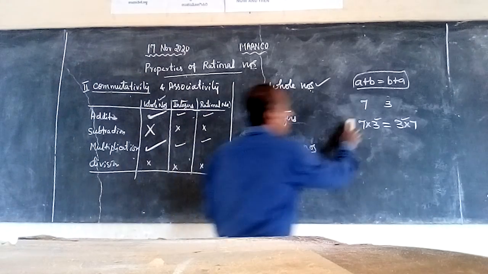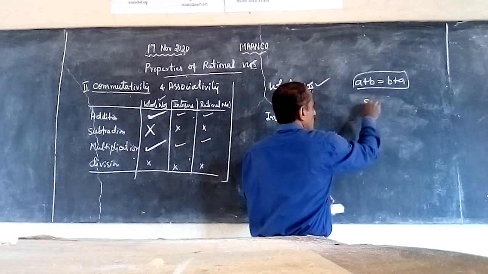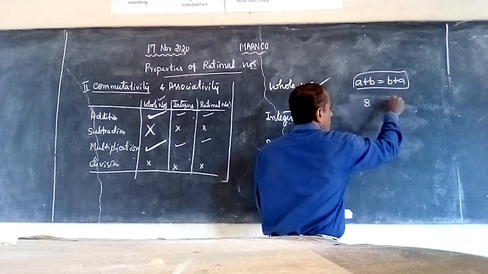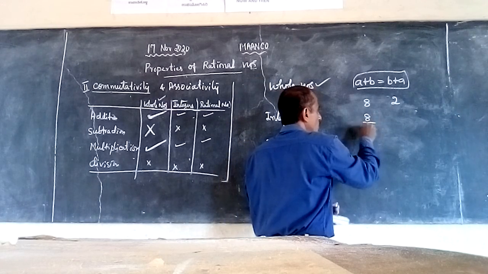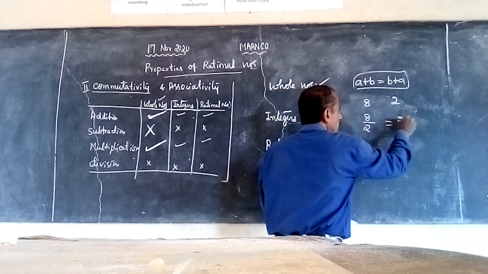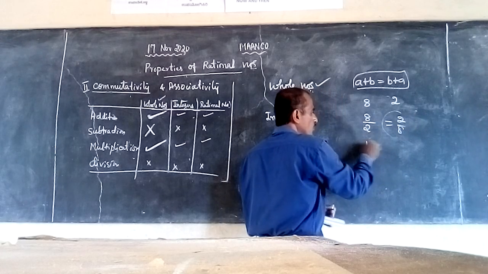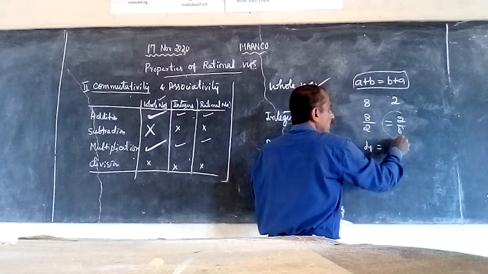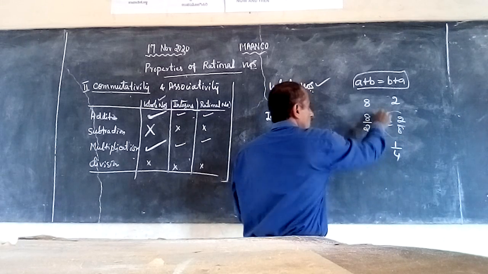Now, what about division? For example, let us take two whole numbers, 8 and 2. Whether 8 divided by 2 is equal to 2 divided by 8. 8 divided by 2 is equal to 4. 2 divided by 8 is equal to 1 by 4. 4 is not equal to 1 by 4.